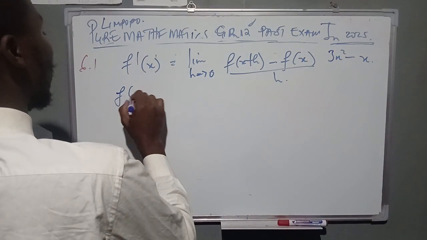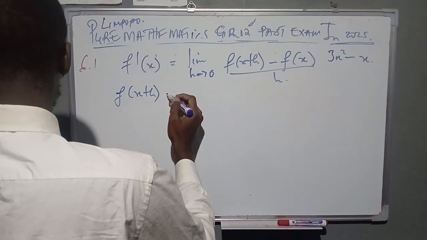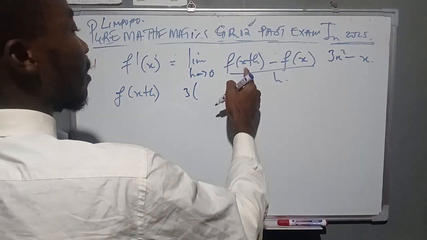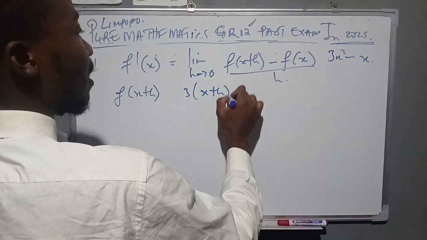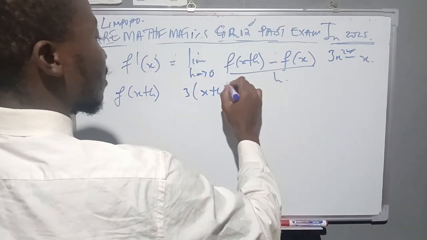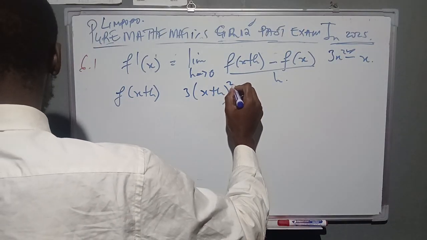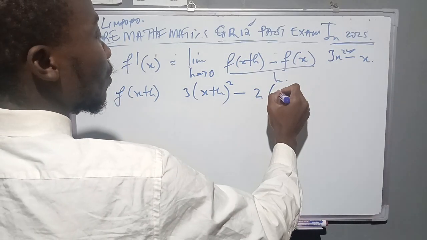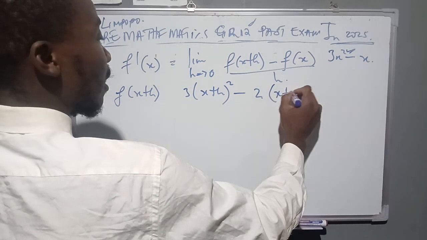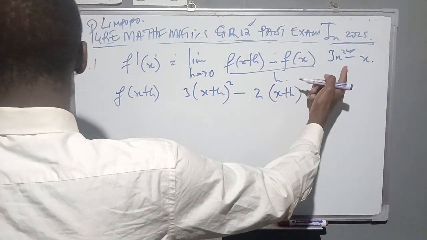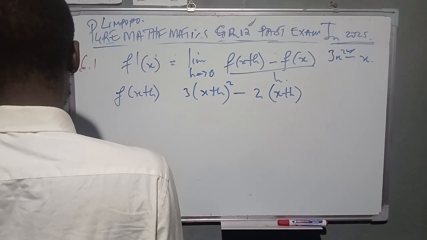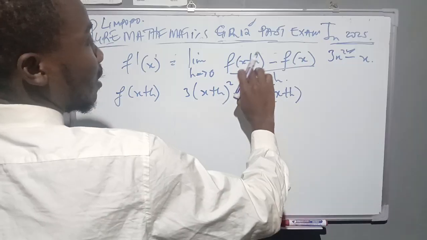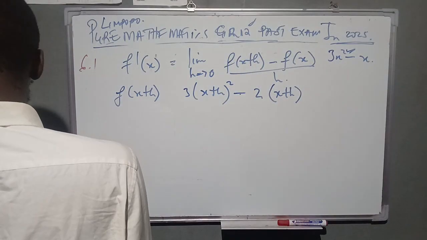So now we want to evaluate f of x plus h. So our f of x plus h now is 3 times x plus h squared, because we are having this squared, then minus 2 times x plus h, the x plus h is representing that.